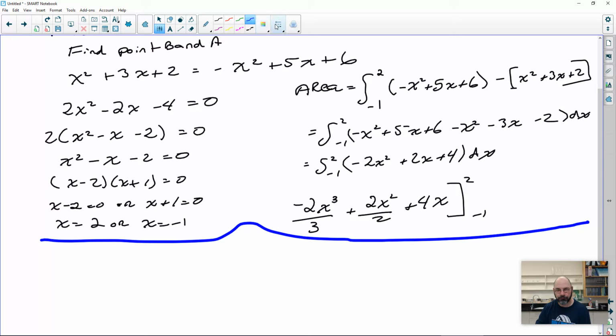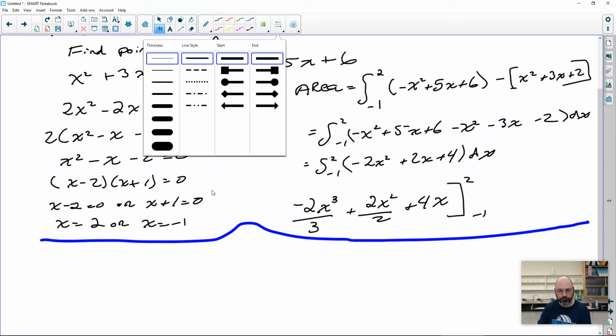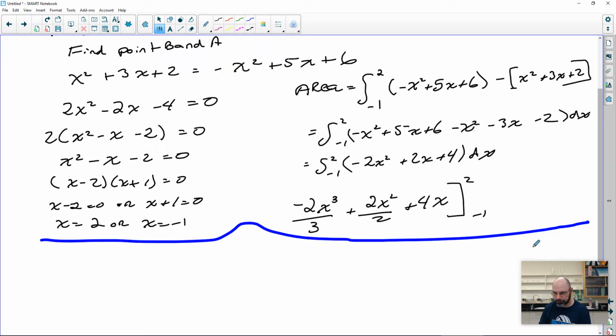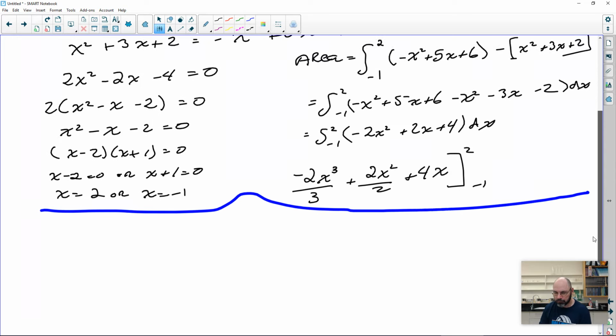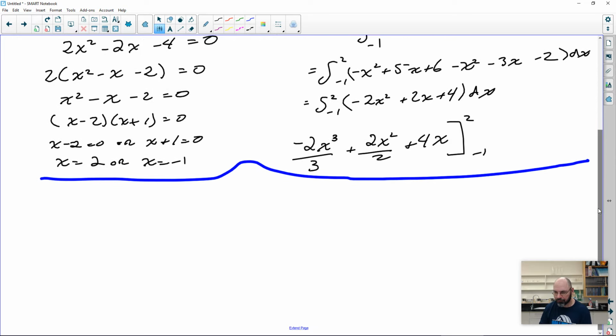Now we're going to just plug in our numbers. Give ourselves a little more space. If I simplify it to negative 2 thirds x cubed, plus, this will cancel out, x squared plus 4x, from 2 to negative 1.